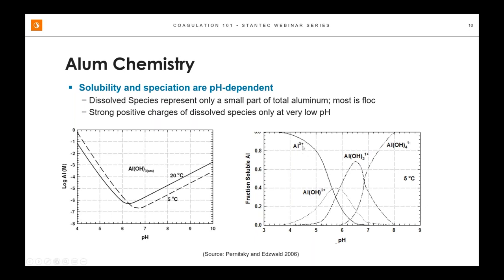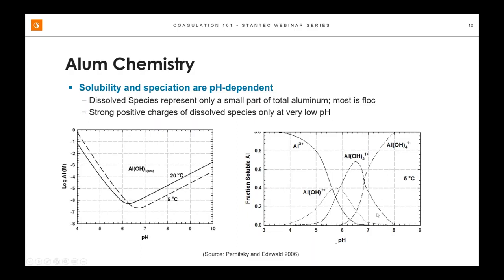You're only getting Al3+ at the very low pHs, right? So pH less than 6, you've got a fair bit of it. pH 5, you've got a lot of it. But if you're coagulating, like most of us are, between 6 and 7, the dissolved species that's actually doing the work is an aluminum species that only has a charge of +1.